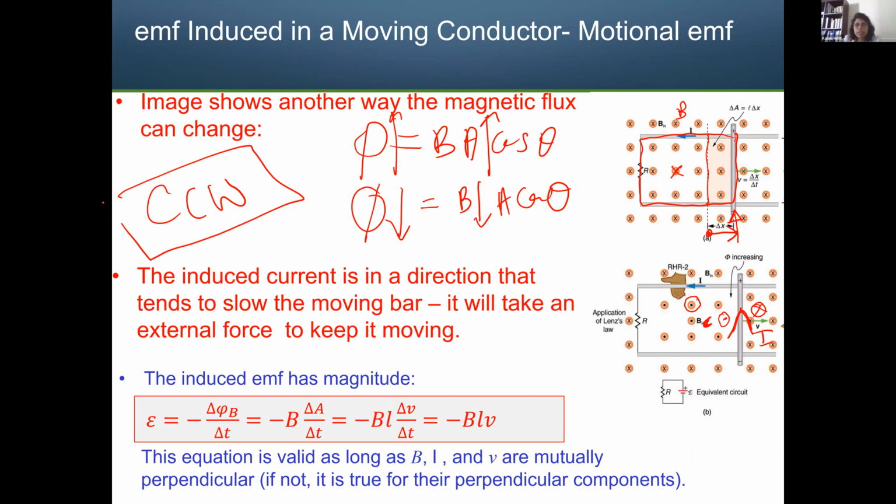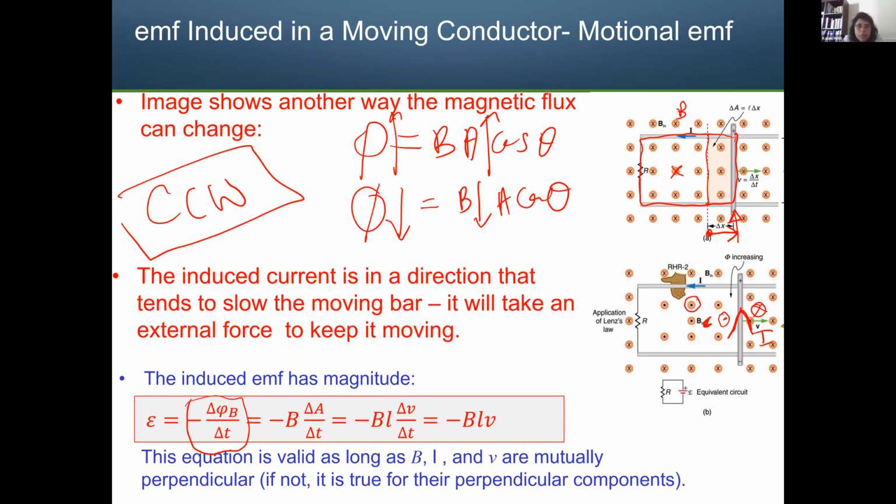Okay, induced current direction. So now, how do we calculate this induced EMF amount? This induced EMF amount we will be able to calculate by using the formula that we discussed earlier. Then phi B will be equal to B times A. Cosine theta is in this case just 1.